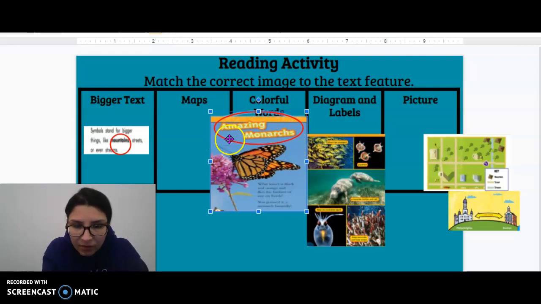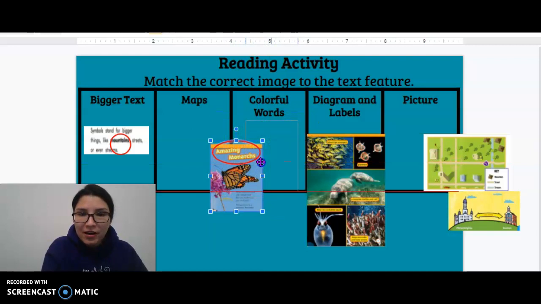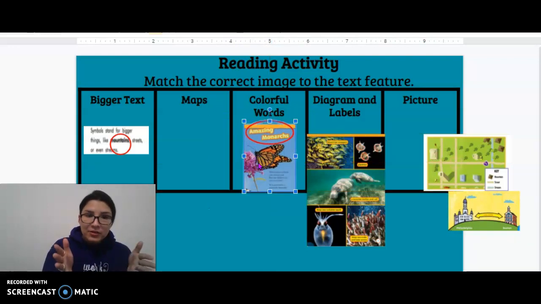See white font outlined in yellow and orange. So what do you think it is? Colorful words, right? So remember, sometimes colorful words are meant to just catch the reader's attention, be fun, or sometimes they mean something important. And in this case, it means something important. This is the heading.